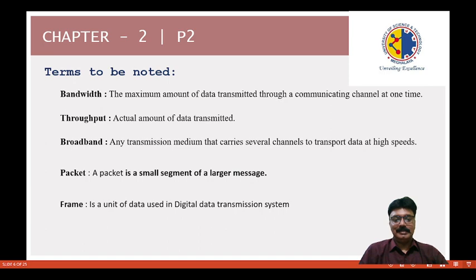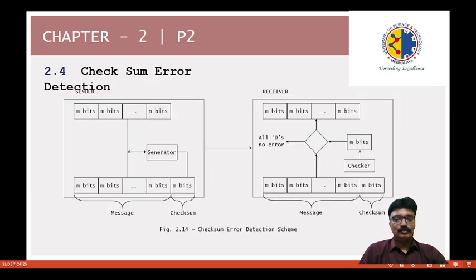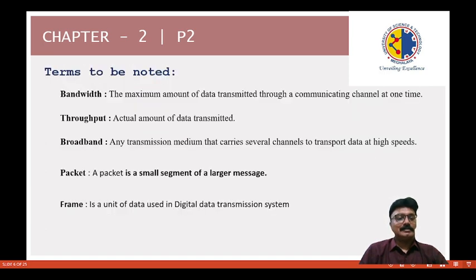Then only will that be useful for us to study further. So terms to be noted: bandwidth. Bandwidth is nothing but the maximum amount of data transmitted through a communication channel at one time. So the maximum amount of data transmission.